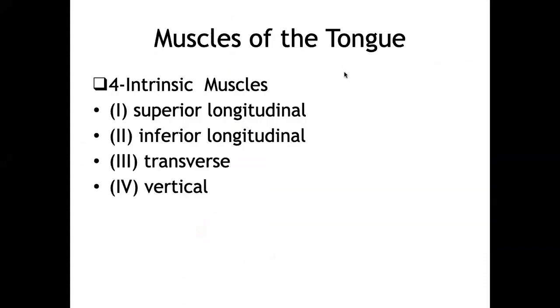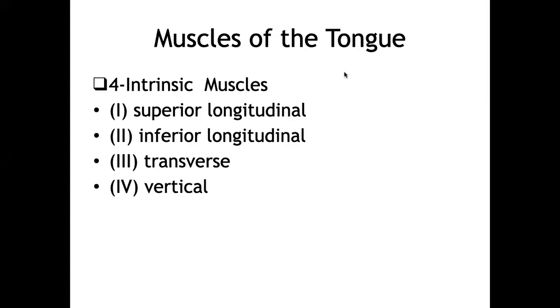Now, what are the muscles of the tongue? The tongue has intrinsic muscles and extrinsic muscles. Intrinsic means within the substance of the tongue, we have these muscles. These are called intrinsic muscles.